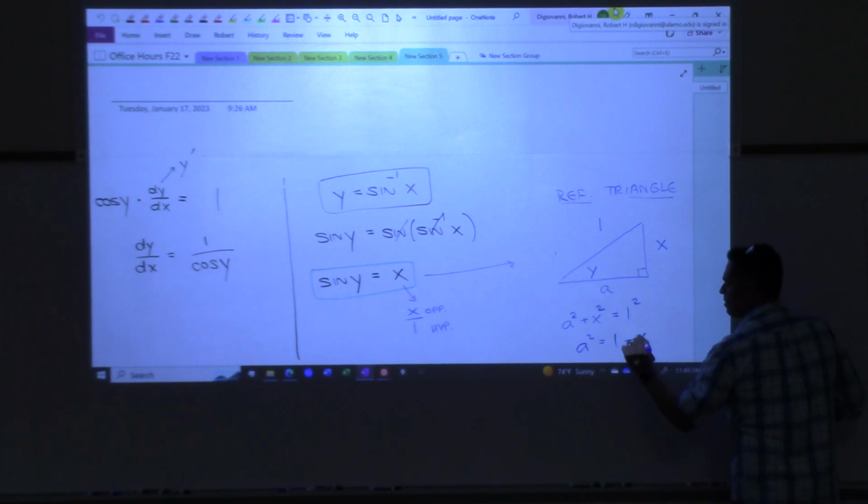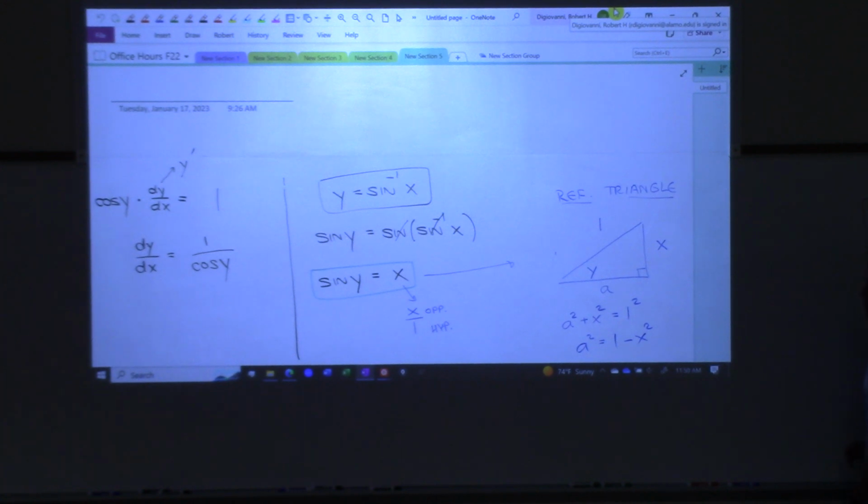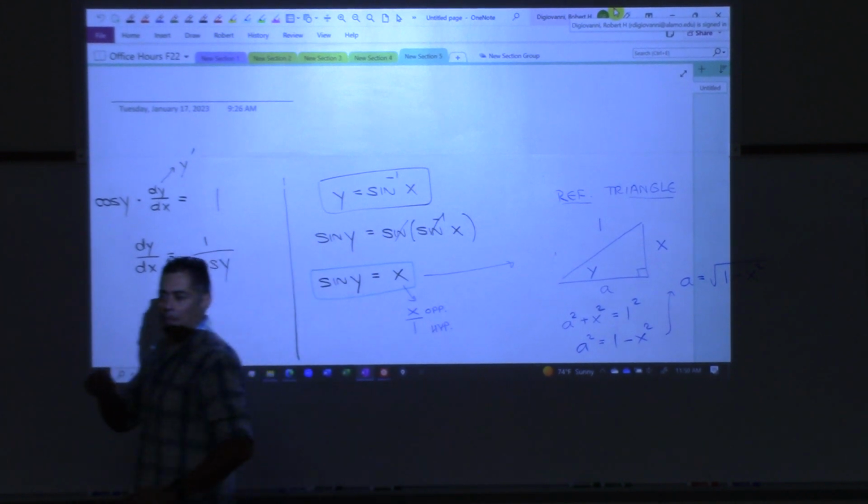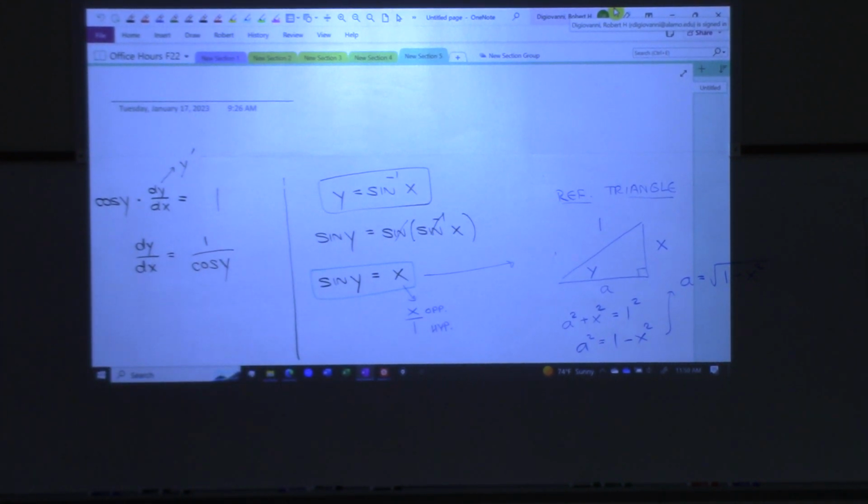Subtract x squared on both sides. And then finally take the square root. When I take the square root, I'm supposed to do plus or minus. But A here is the side of a triangle, so I'm just going to take the positive answer.